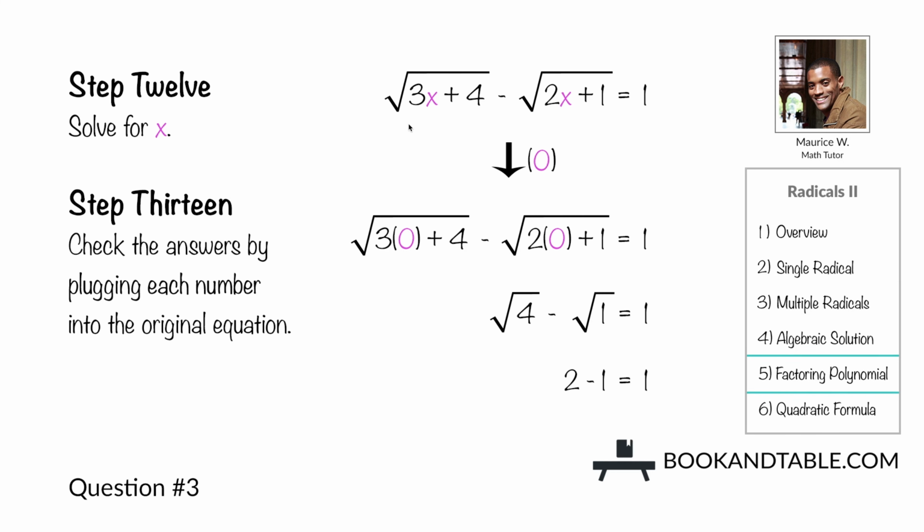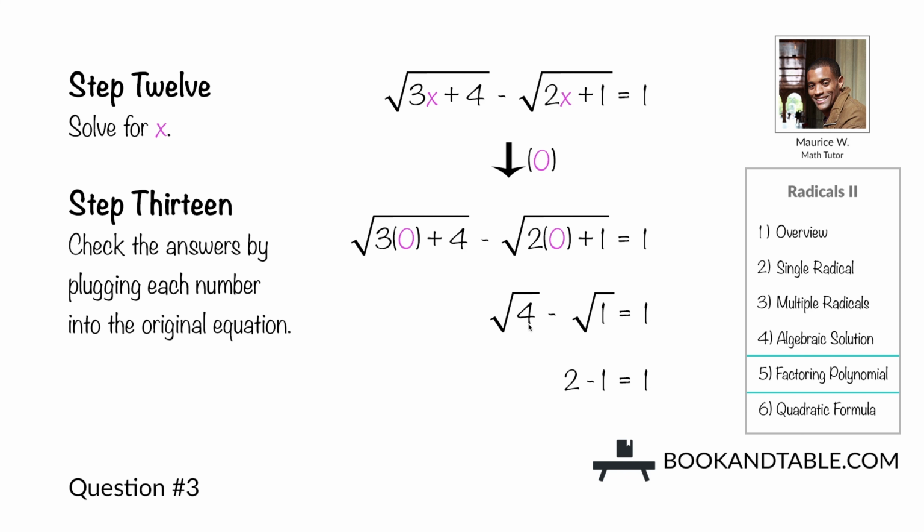The original equation was the square root of 3x plus 4 minus the square root of 2x plus 1 is equal to 1. We check 0 by plugging 0 in for x. 3 times 0 is 0, so we have the square root of 4. 2 times 0 is 0, so the second term is the square root of 1.